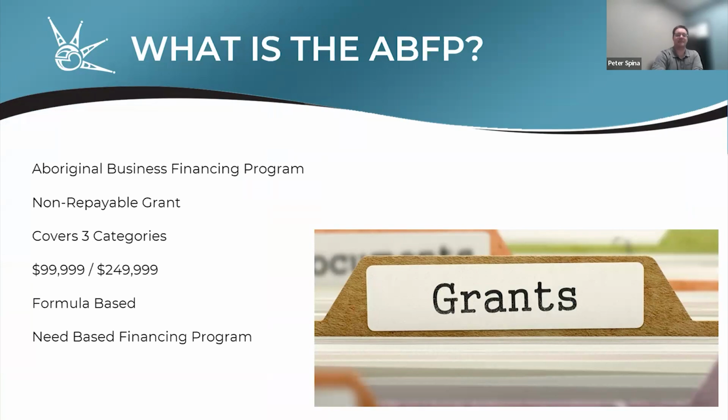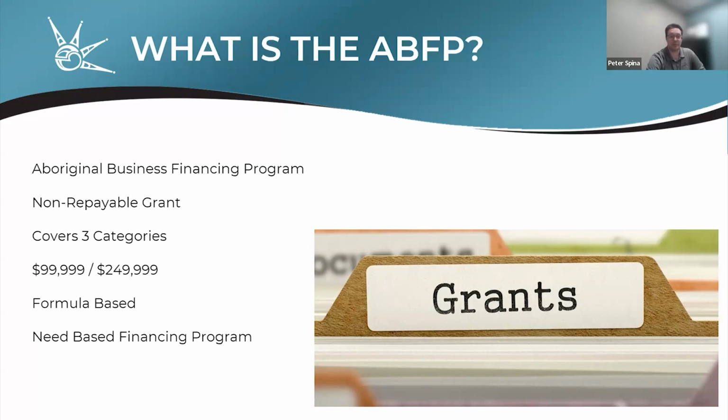So what is ABFP? ABFP is the Aboriginal Business Financing Program. It is a non-repayable grant. It covers three categories: business support, capital costs, and marketing costs. It has a max range of $99,999 for individuals and up to $249,999 for community-based businesses.